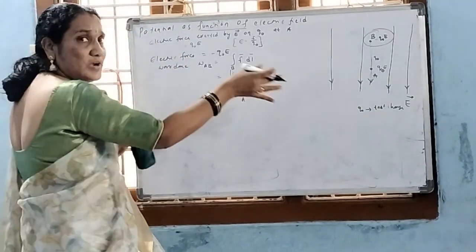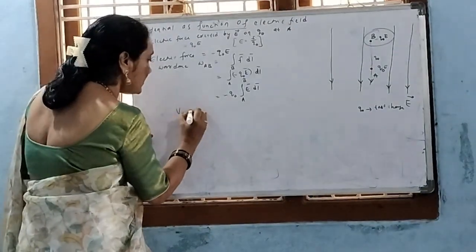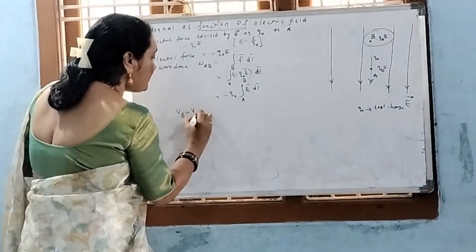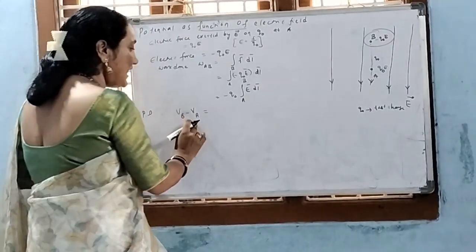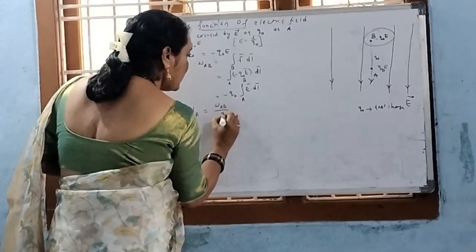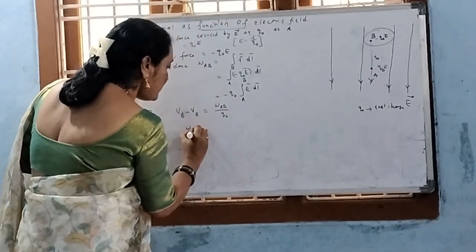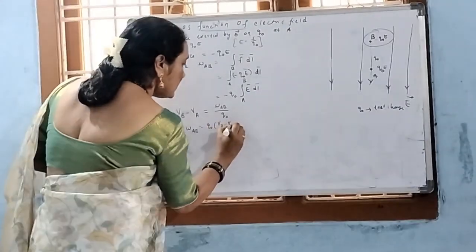Now, we defined potential: the potential difference between points A and B, VB minus VA, is equal to WAB by Q0. So WAB is equal to Q0 times (VB minus VA).